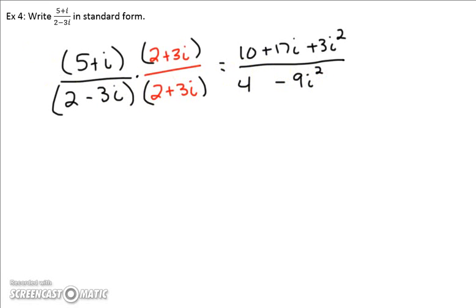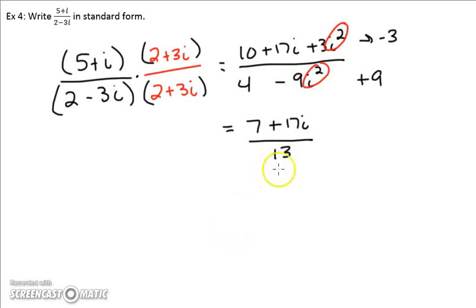Now we have two i squareds that we need to take care of. Our numerator's plus 3i squared turns into negative 3, and the negative 9i squared turns into plus 9. So we're looking at 10 minus 3, which is 7, plus 17i, over 4 plus 9, which is 13.